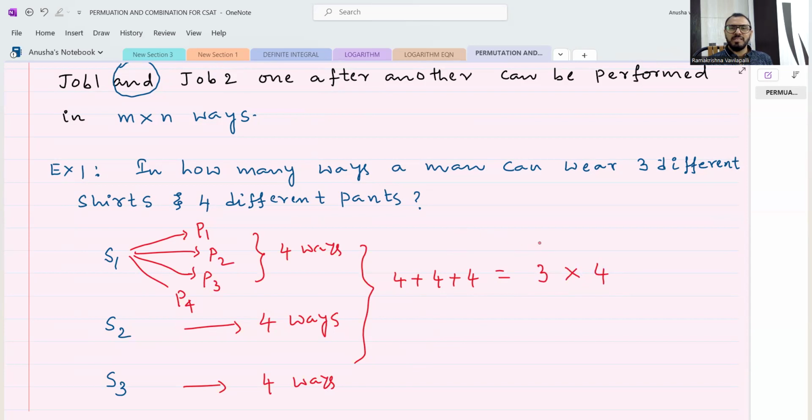So this is job 1 and this is job 2. I'm just giving the numbers job 1, job 2. There is no specification which is job 1 and which is job 2. So what is job 1? Job 1 is wearing a shirt.